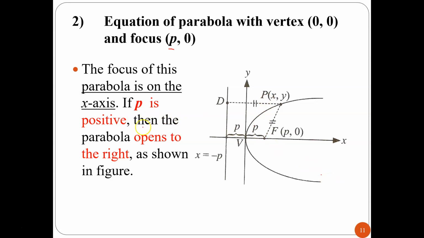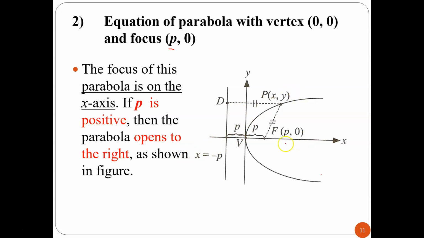If P is positive, then the parabola opens to the right. If the value of P is positive, our parabola opens to the right. If it is negative, it will open to the left.